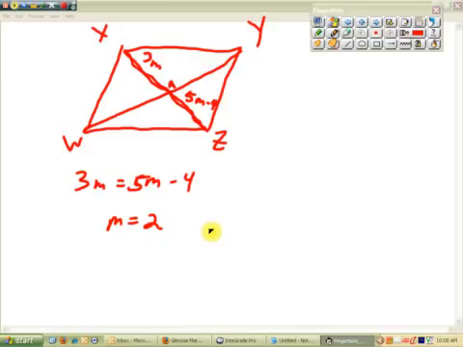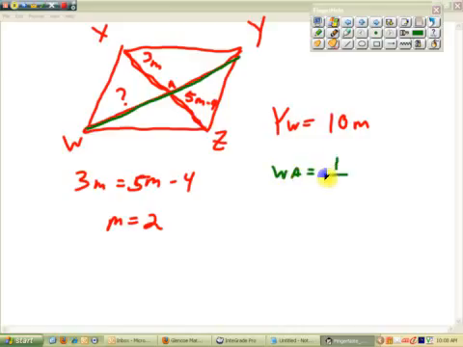M is 2. Now, they want to know the answer to this: what is WA? They say that YW, which is the other diagonal, is equal to 10m. If YW, the whole green line here, is 10m, they only want WA, so that is 1/2 of 10m.